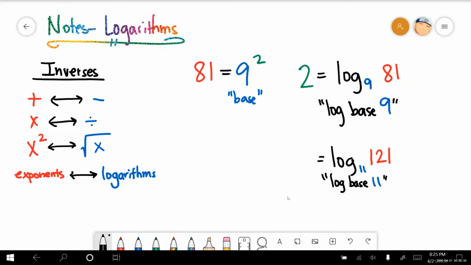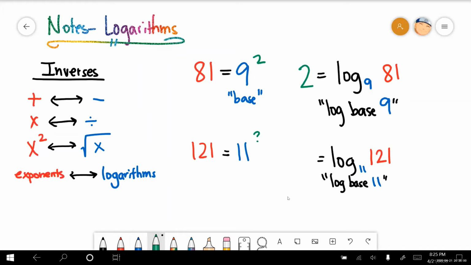So what exponent do I need to tack onto 11 in order to get 121? Now, I know some of you already have the answer, but just to look at the math on the left side, our inverse happening over here, we've got 11 and we've got the 121, and now we're all wondering what's there, right?